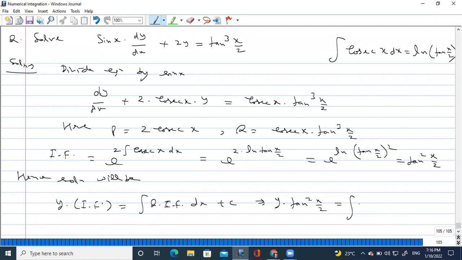Okay, q is cosec x into tan cube x by 2 into the integrating factor. This integrating factor is tan square x by 2. So I can make it tan to the power 5 x by 2 dx plus c. So like this we will solve it. Okay. Note down this.